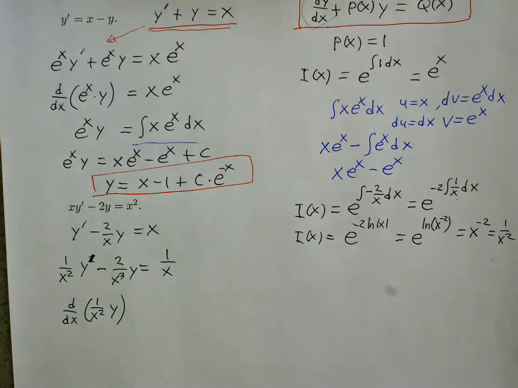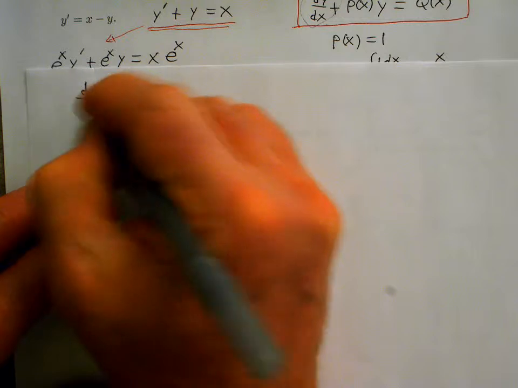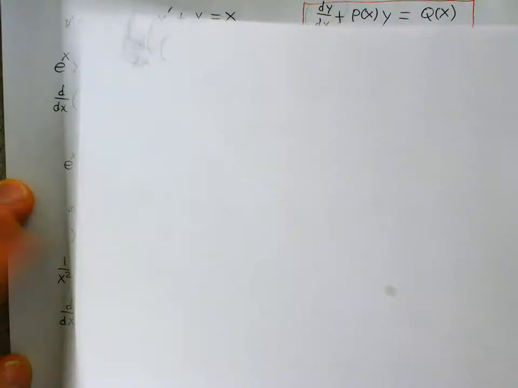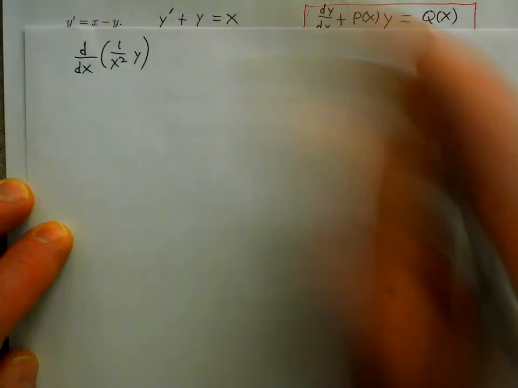So let's check it. Let's use the product rule to take the derivative of 1 over x squared y, where y is a function of x.